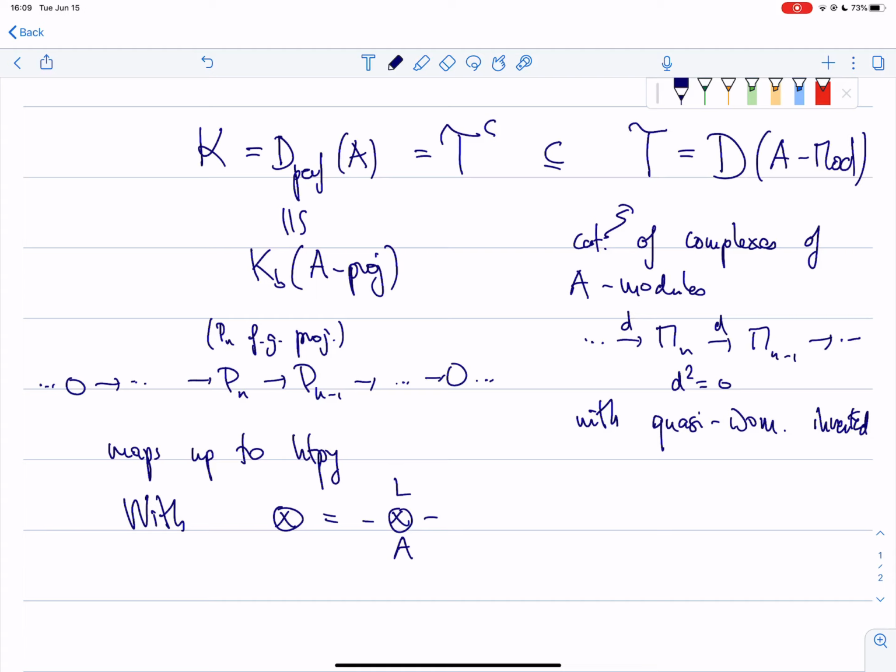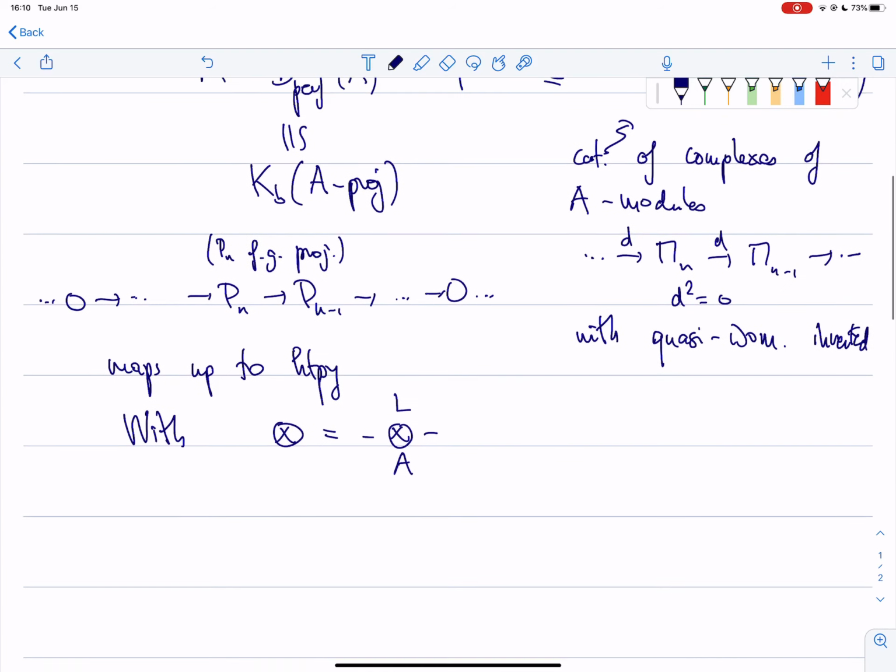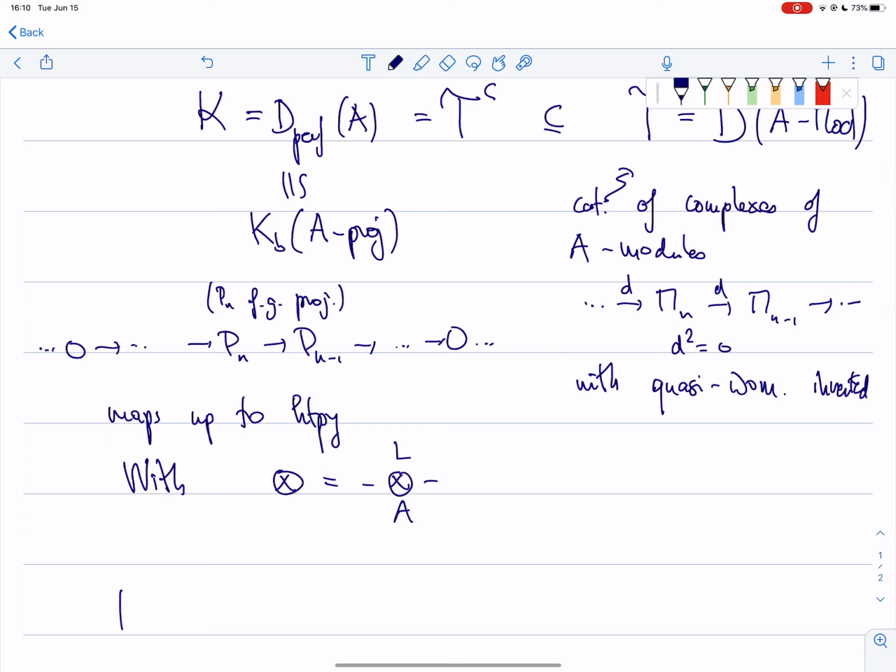If you tensor two finitely generated projectives together, the product will stay finitely generated projective, and so you have a very explicit description of the tensor here on the homotopy category. Now you can generalize this example to algebraic geometry.